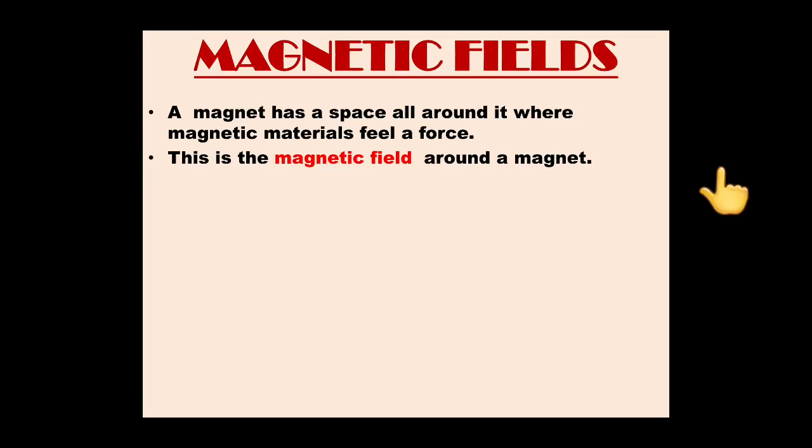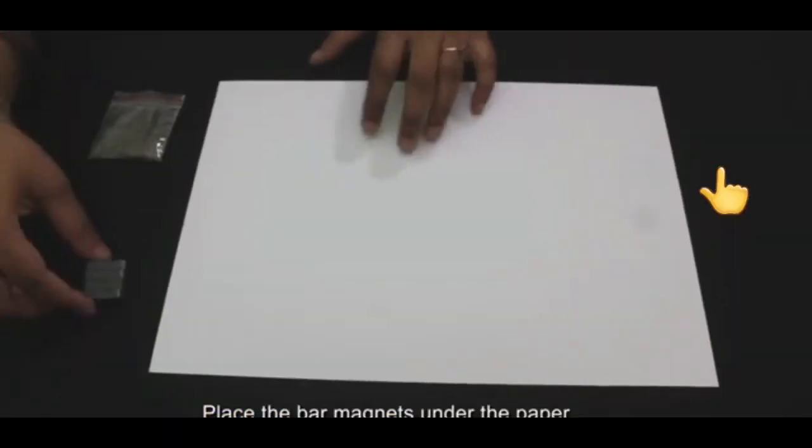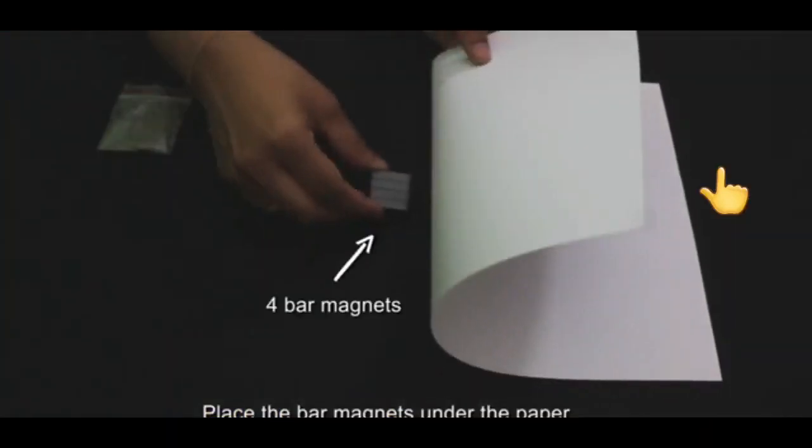You can observe the magnetic field around a magnet by a simple lab activity. For this, you need some iron filings, bar magnets and an A4 size paper. Place the bar magnet under the paper.